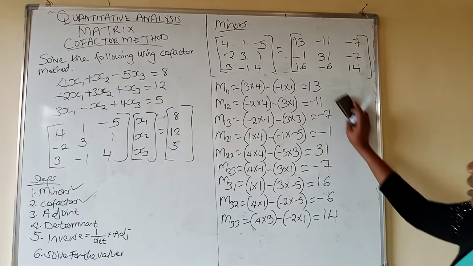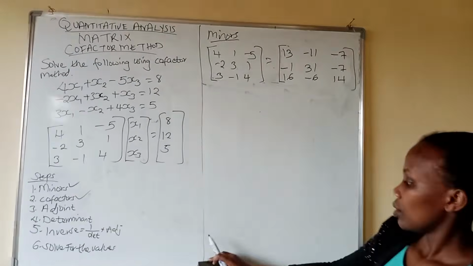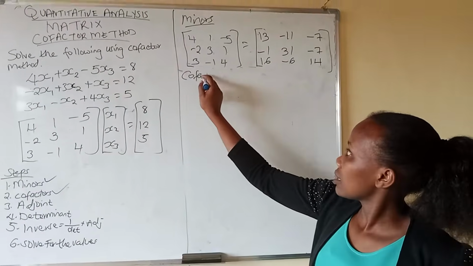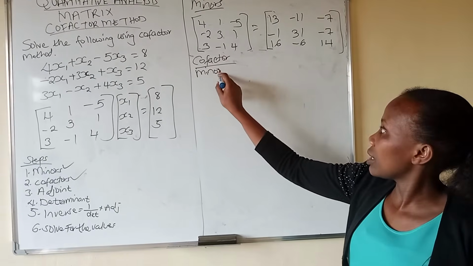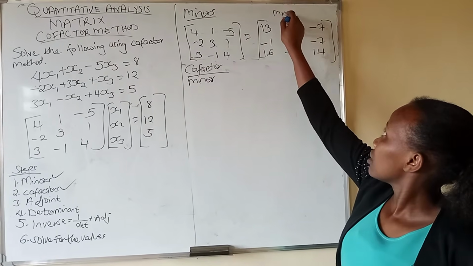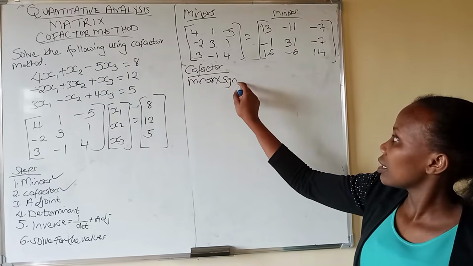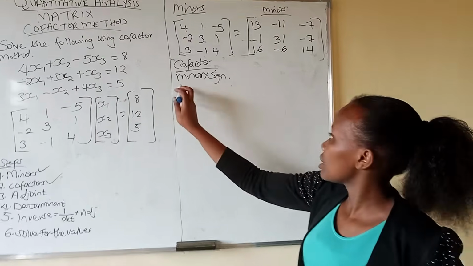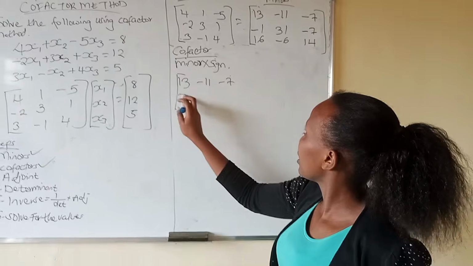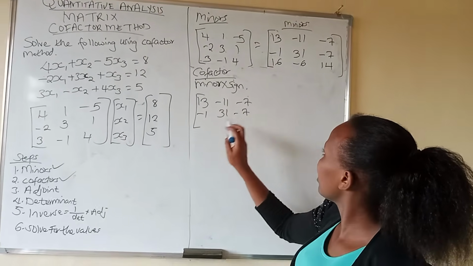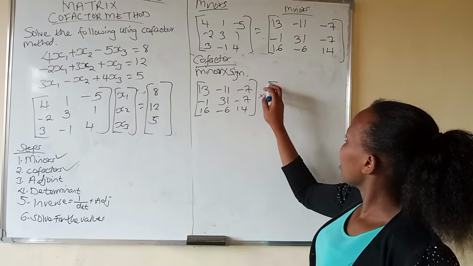For the cofactor, you take the minors that you have gotten, 13, negative 11, negative 7, negative 1, 31, negative 7, 16, negative 6, 14, and you multiply with the signs.